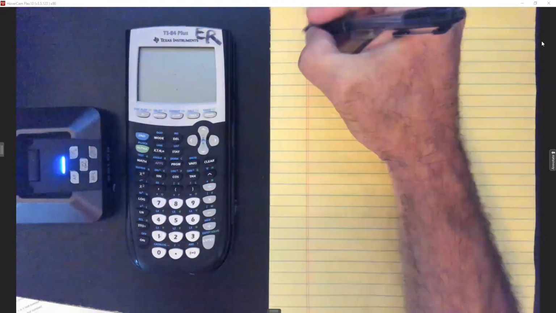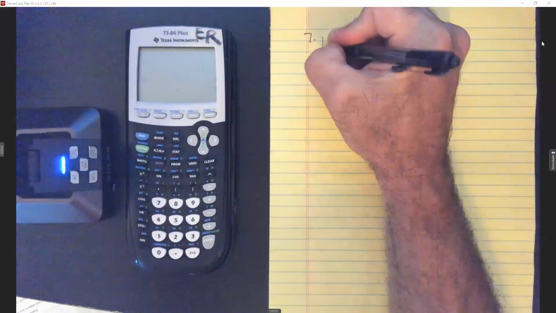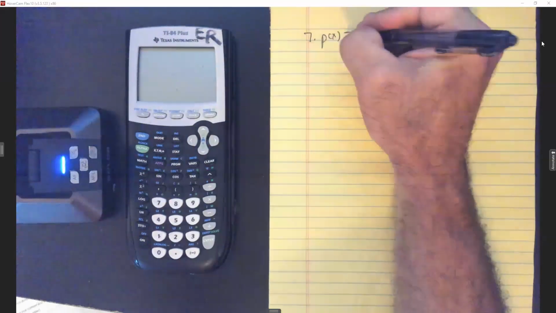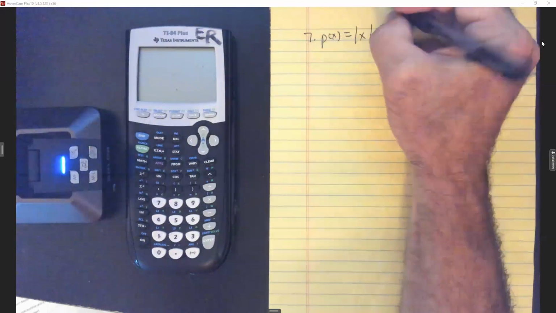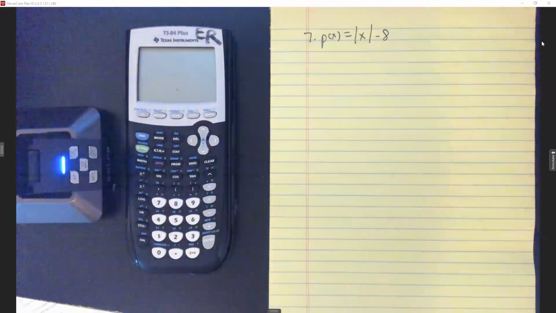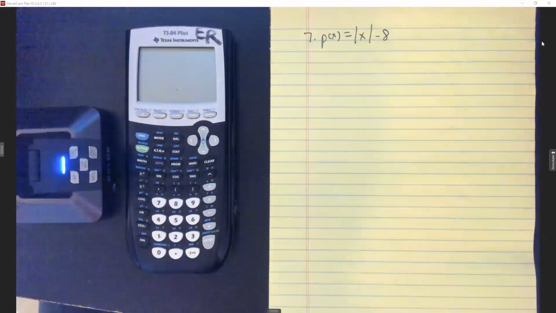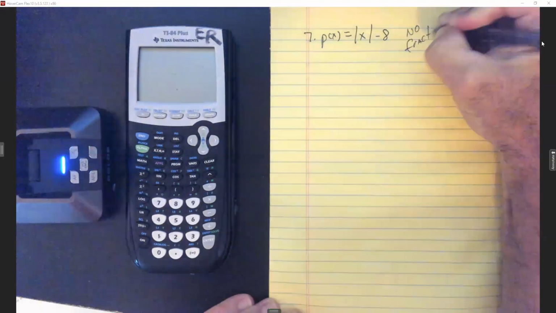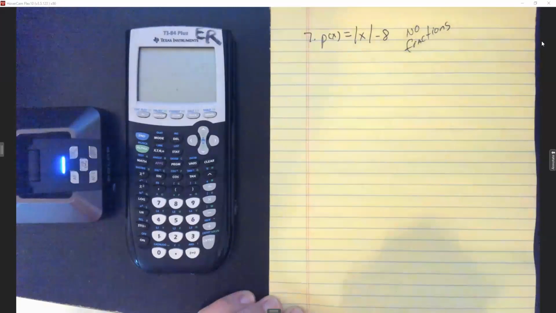Oh, look at this one. P of x equals absolute value of x minus 8. All right, so once again, I have no fractions. So there's nothing on bottom because there's not a fraction there.